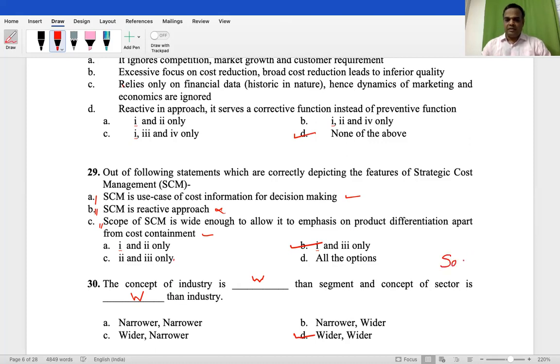Sector. Then industry. Then segment. Then company. The company is small, with segment, industry, and sector above it. Good.